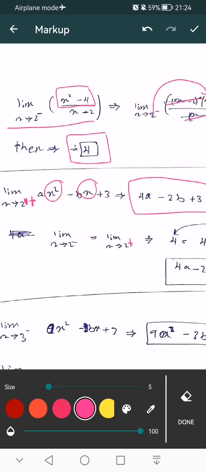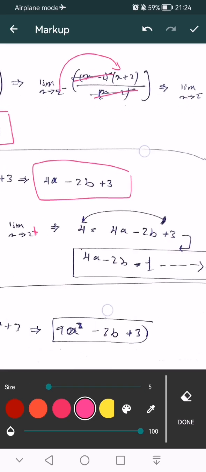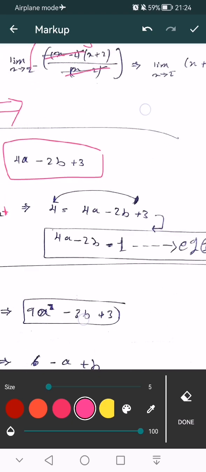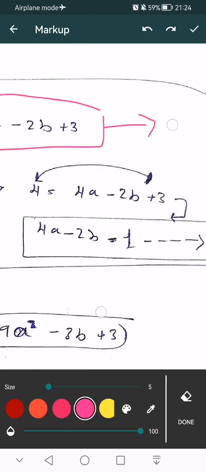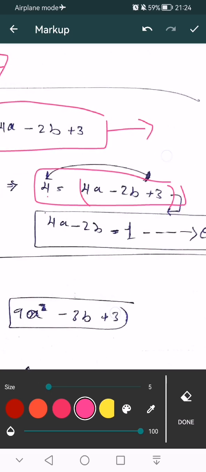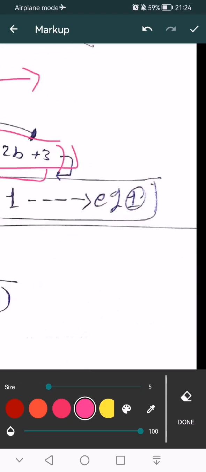The question gives us the continuity condition. So the right-side value equals the left-side value. That means I can equate 4 with this whole expression: 4 equals 4a minus 2b plus 3. Simplifying, 4 minus 3 is 1. So the remaining is 4a minus 2b equal to 1, and this is equation number 1.